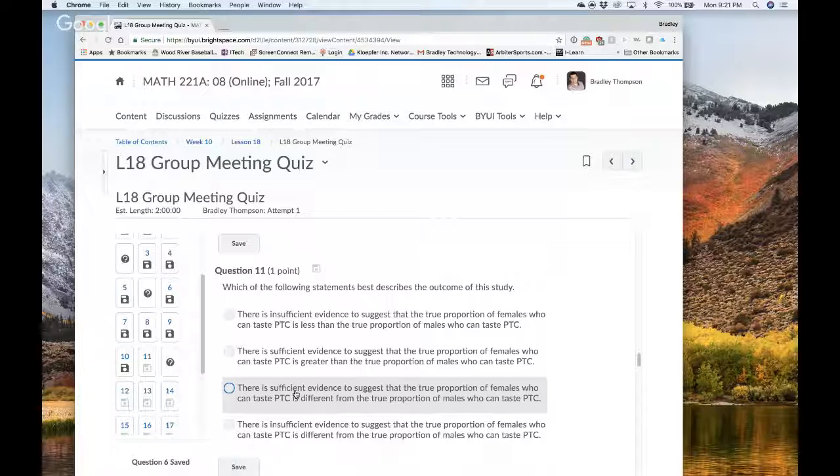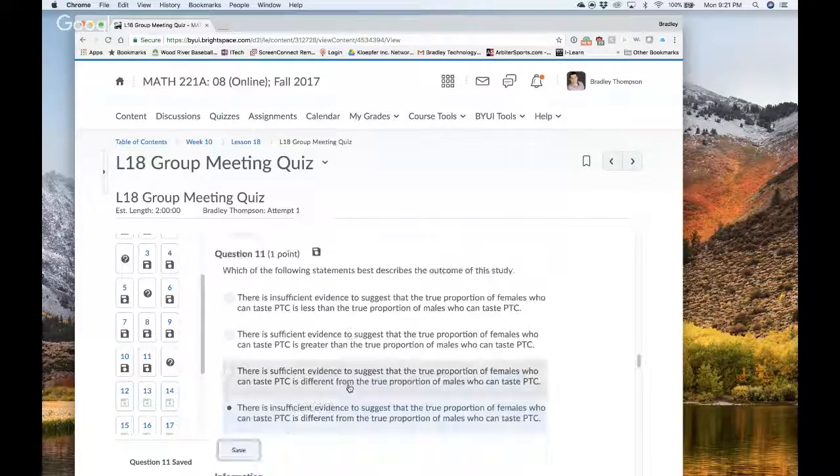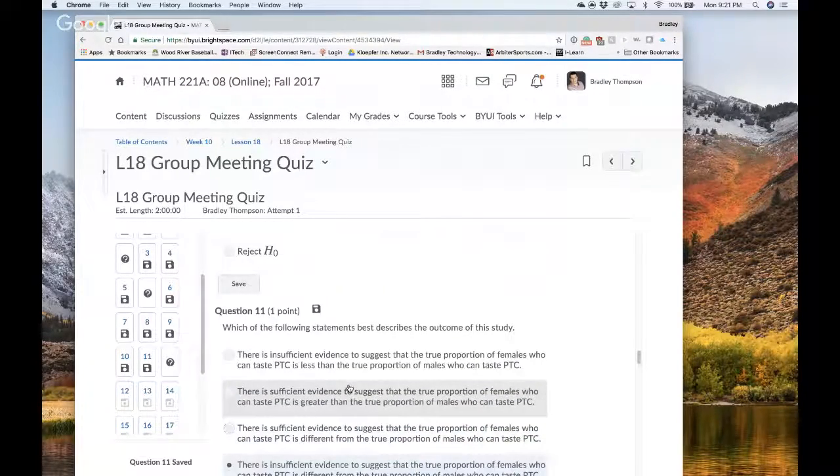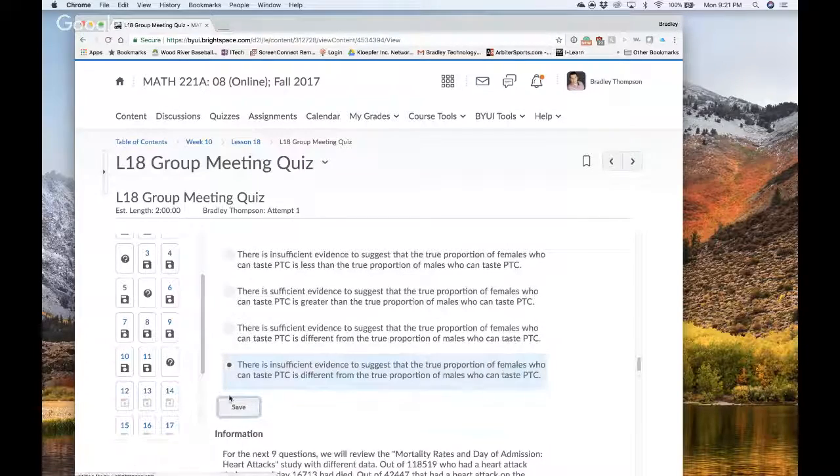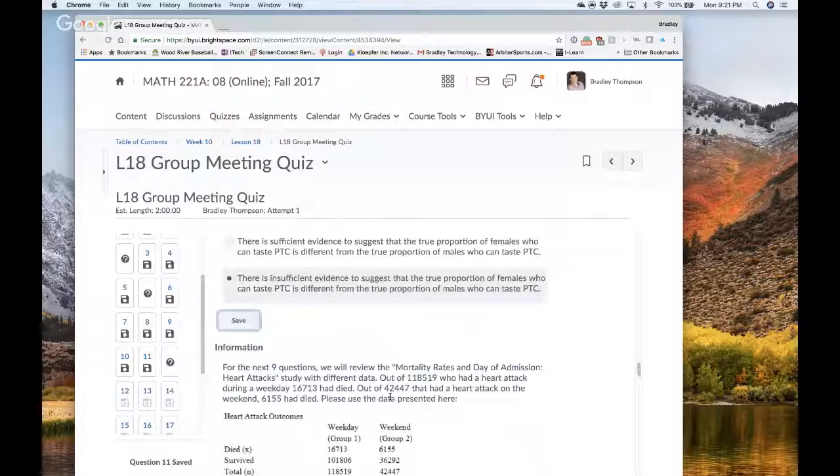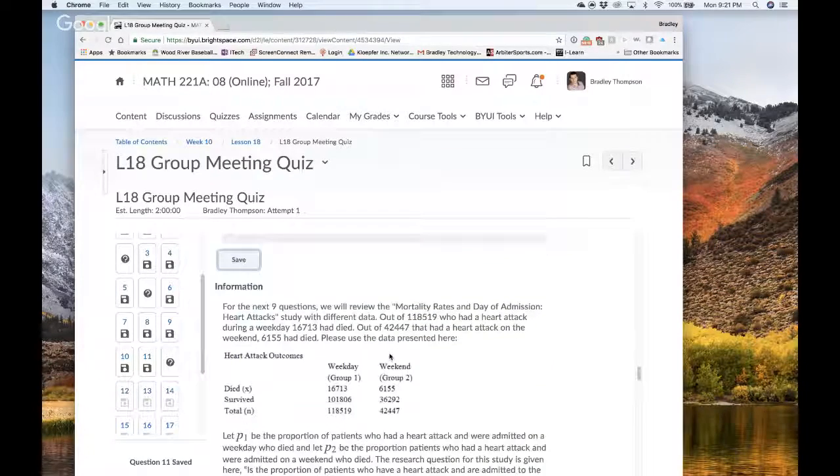Oh, no. It says insufficient, sorry. But that's the only one that makes sense, because we don't have evidence to show that they're different. Right, so there's insufficient evidence to suggest that it's different. That's why we fail to reject. Yeah, I think that's right. That makes sense to me. Okay, we can move forward. We'll figure it out.